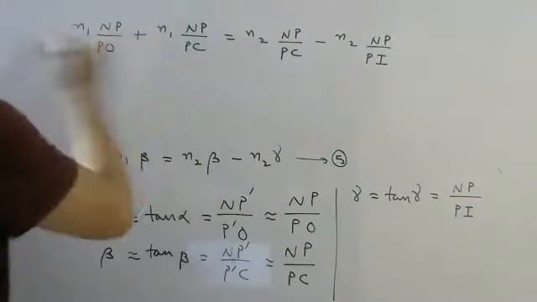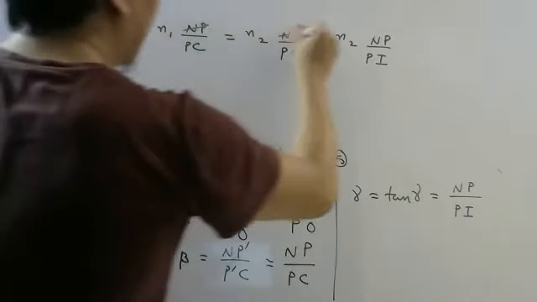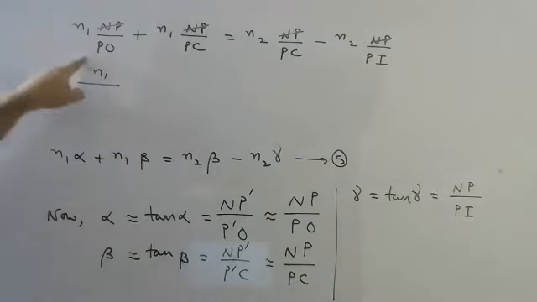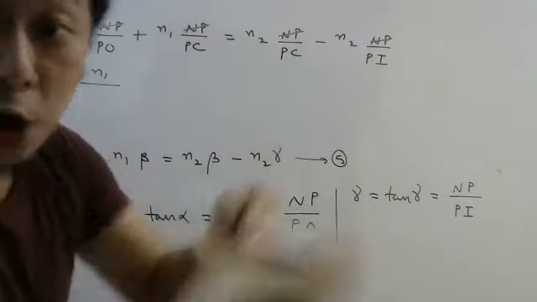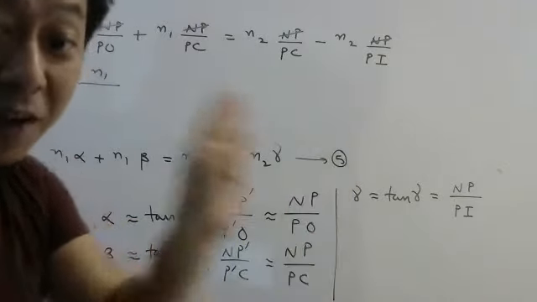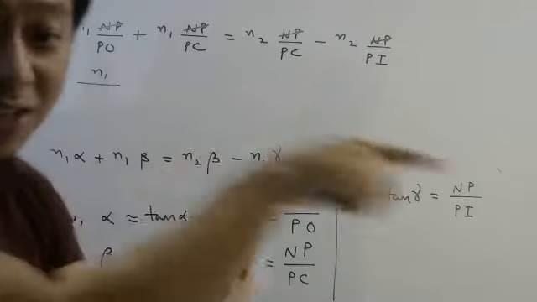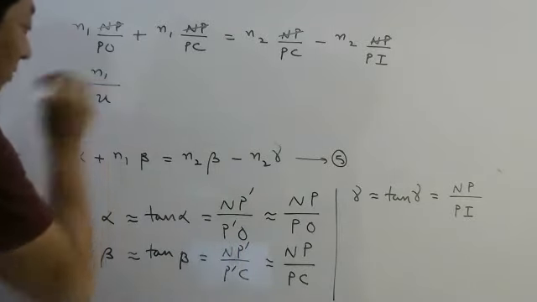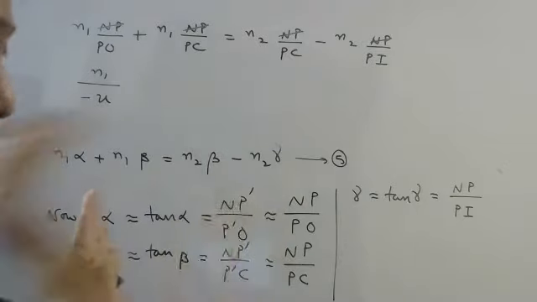So in the numerator, if you take NP common, it will cancel. So N1 divided by PO. Now PO is the object distance. Is it towards the left or towards the right? It is towards the left, remember, opposite to the incident ray. So we will take minus. So PO will be minus U because it is opposite to the incident ray.